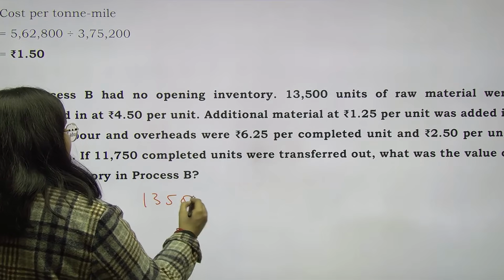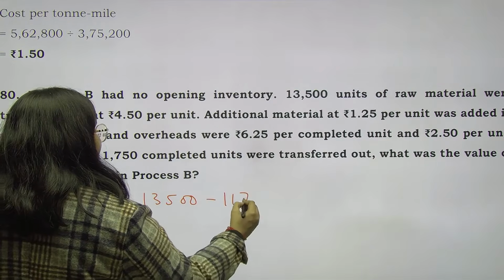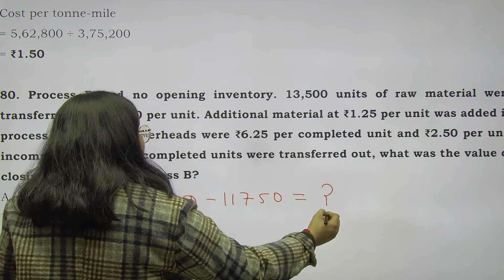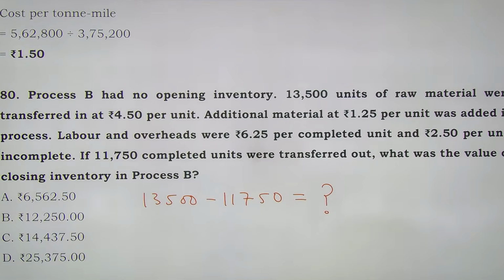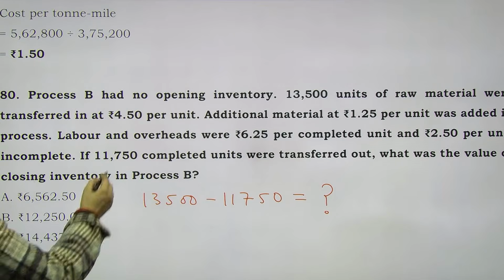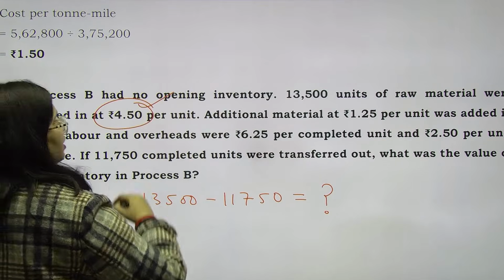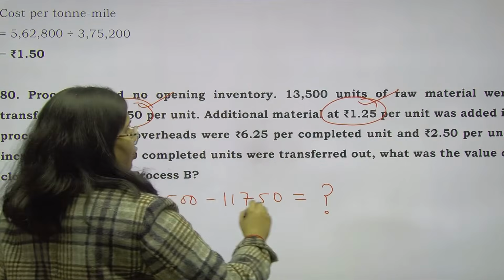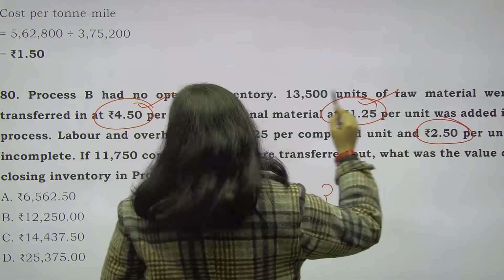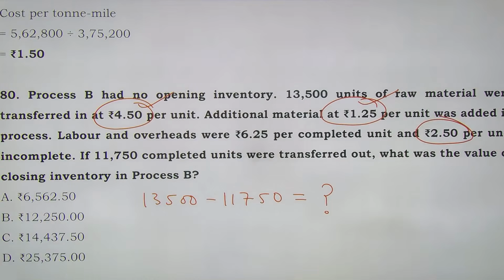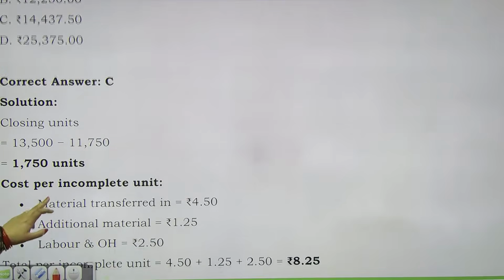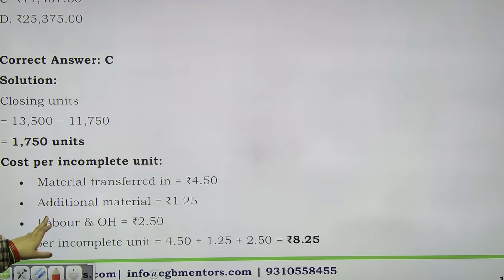If 13,500 units, and you have completed 11,750 units, then you will be able to know the number of units which are not yet complete. ठीक है, उनकी cost के लिए this you are having, additional material you are having, labor and overheads I will use this because this is for incomplete units, and that's how I'll be able to find out the valuation. ठीक है, so 1750 units, they are the closing units.